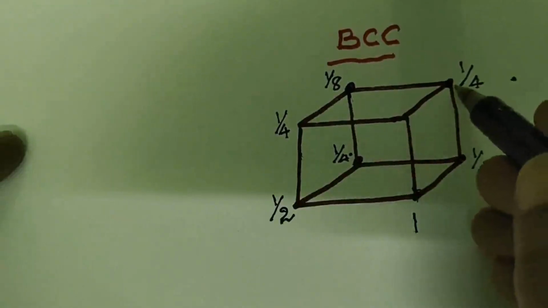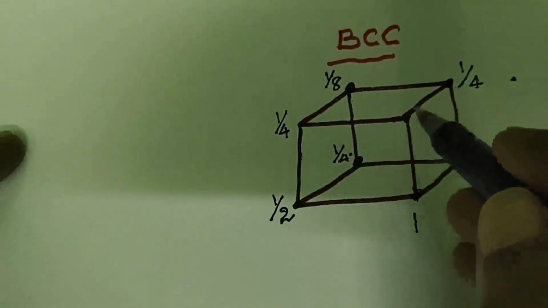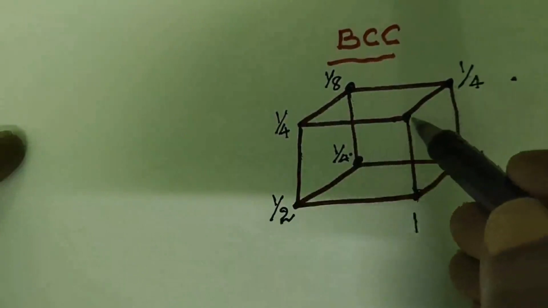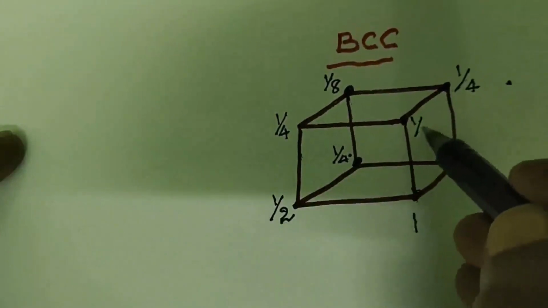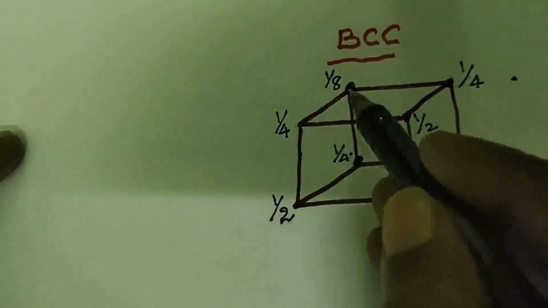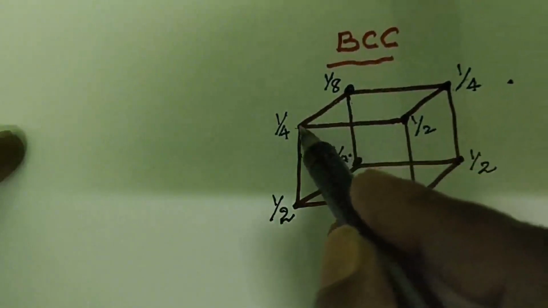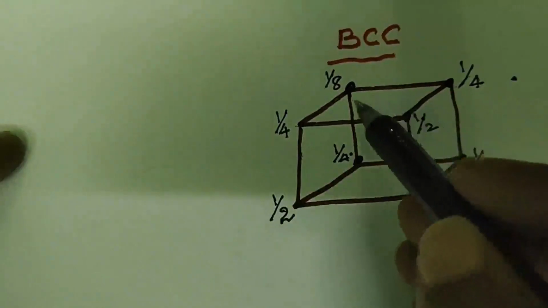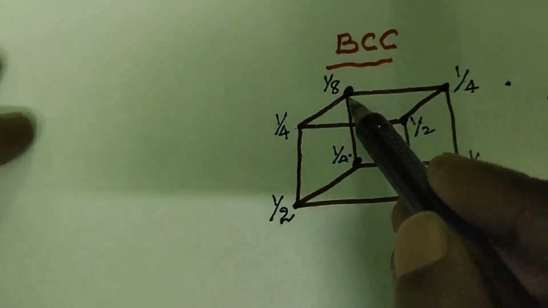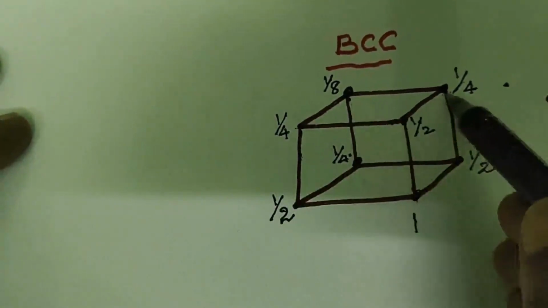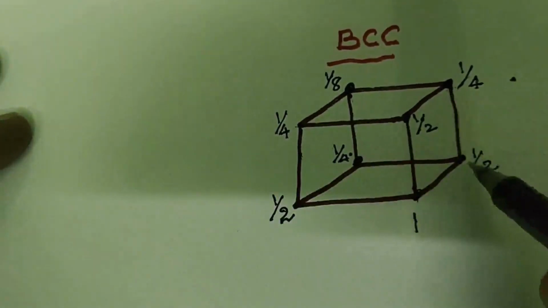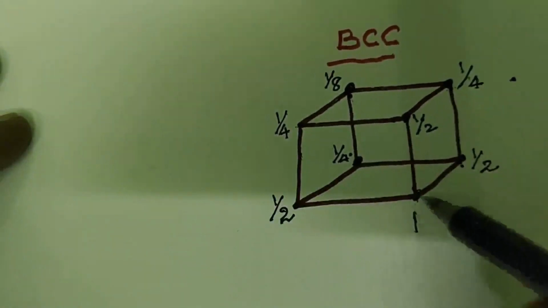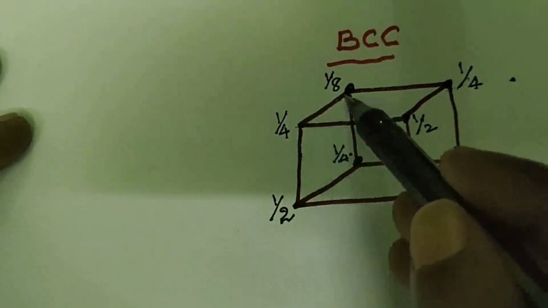One more corner is there, 1 by 8, 1 by 4, 1 by 2. So first, this is the first corner particle whose contribution is 1 by 8. Next 1 by 4, half the value. Next half, 1 by 2. Next half, 1.